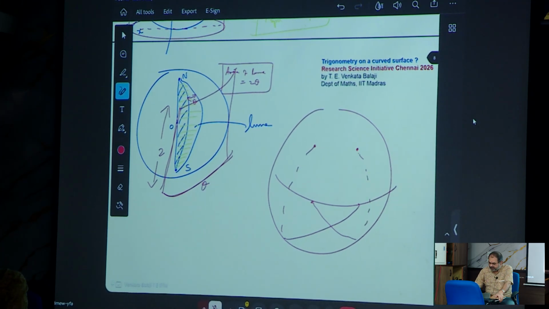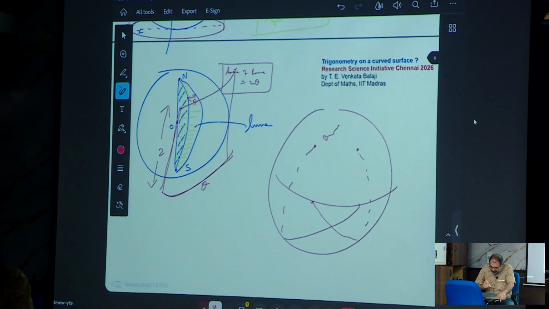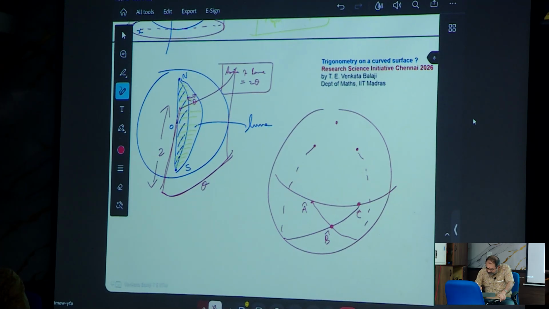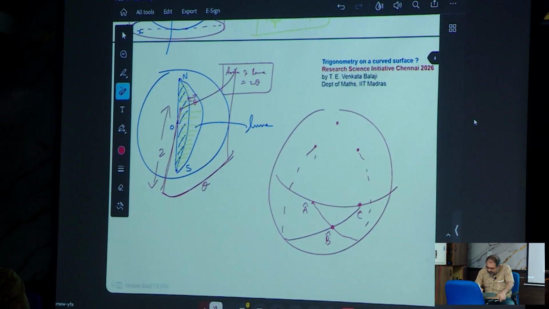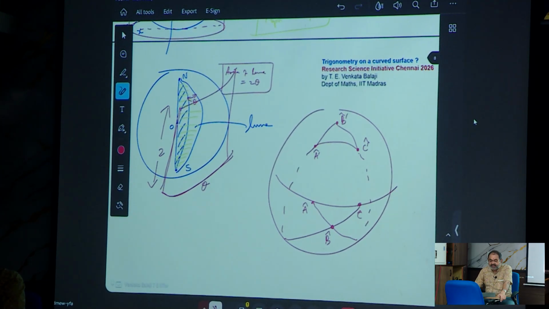So if this is your A hat, B hat, C hat, then on the other side I will call these A prime hat, B prime hat, and C prime hat, and you'll get this other triangle on this side. What you must understand is that there are these loons that come into the picture.